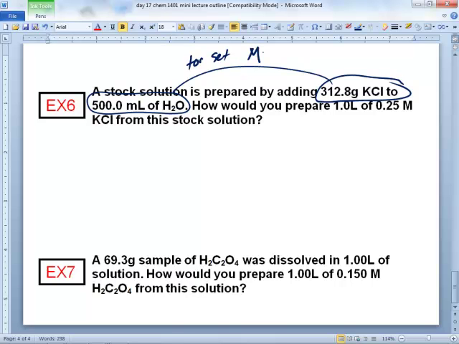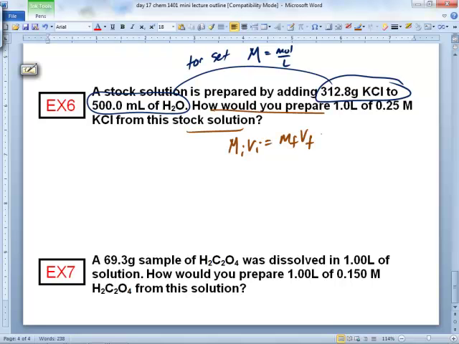So the first sentence, you have to use big M is moles over liters. And then the second sentence, that one is going to be MiVi equals MfVf. Now, you're really following this if you can see which M you're getting from the first sentence.